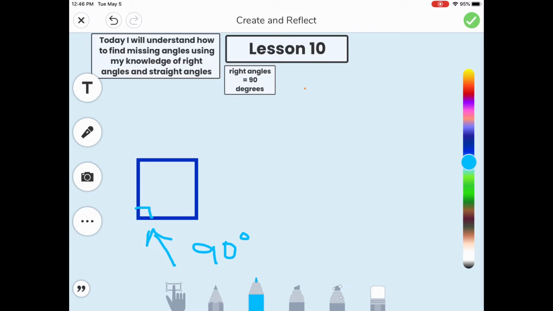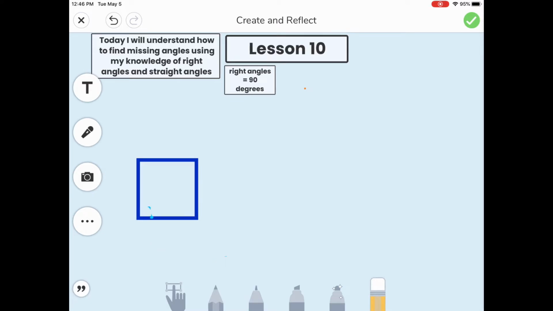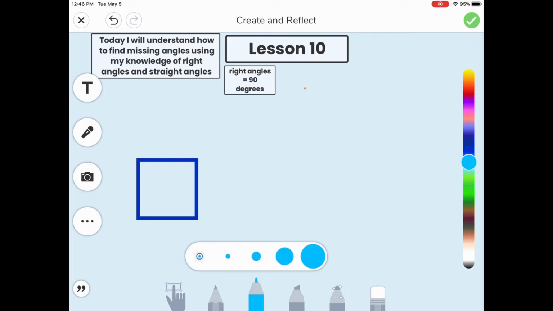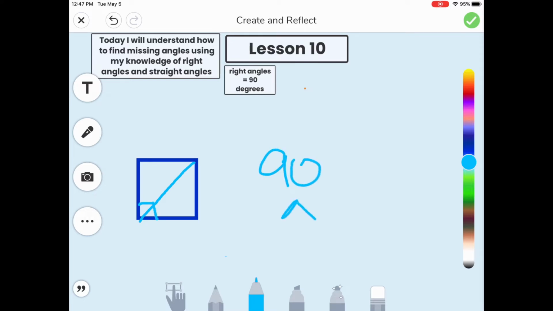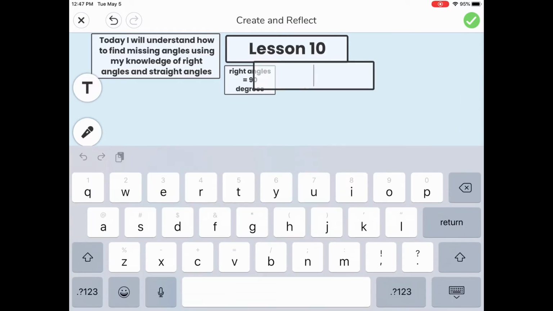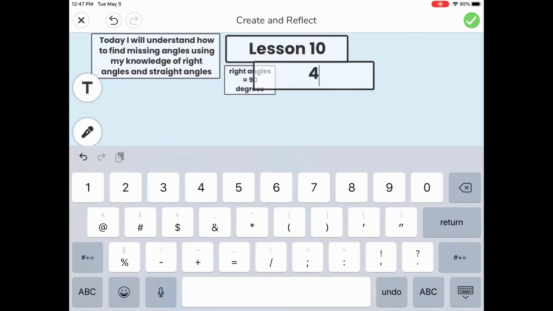What happens, though, if our pretty angle is cut down the middle? So now our 90-degree angle has been cut into two. One part of the 90-degree angle is going to be labeled. I'm going to label this 40 degrees.